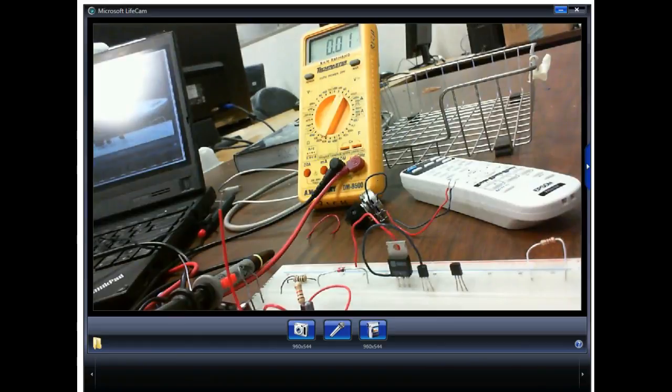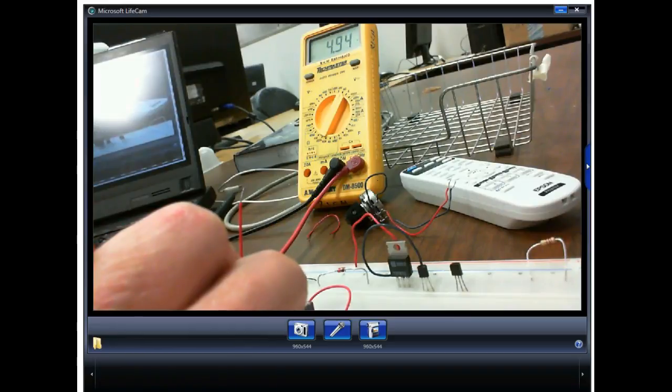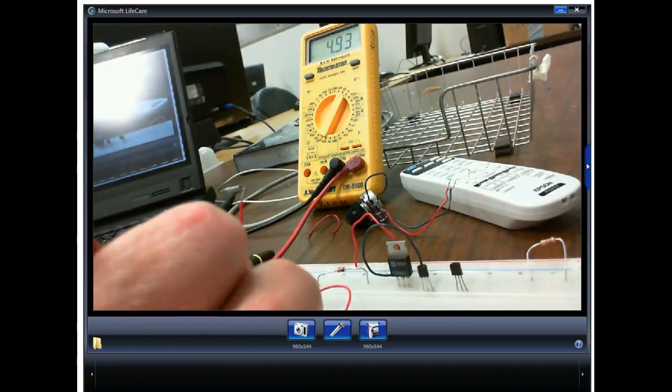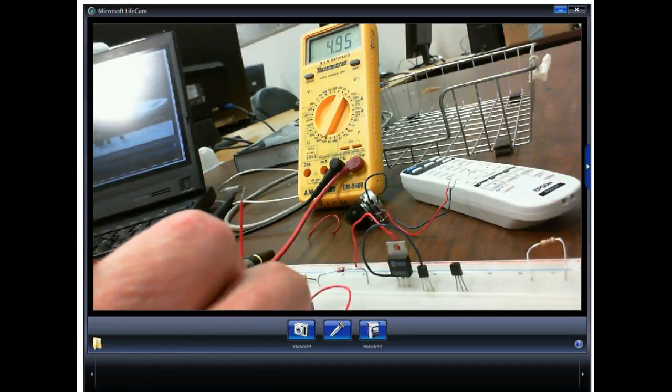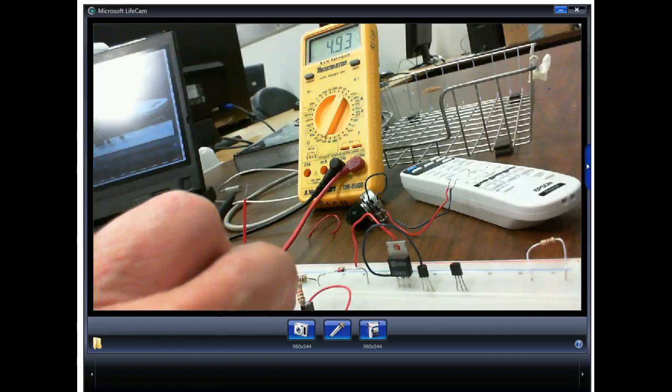Okay, so here's VB. Okay, here's VE. So this guy right here, for this amplifier, is going to be hard to troubleshoot. What's this? So what was it supposed to be?